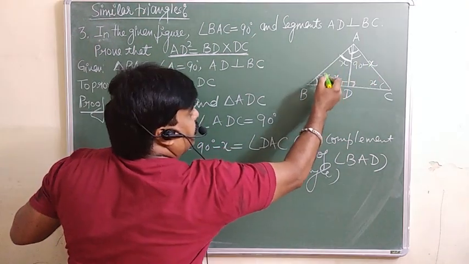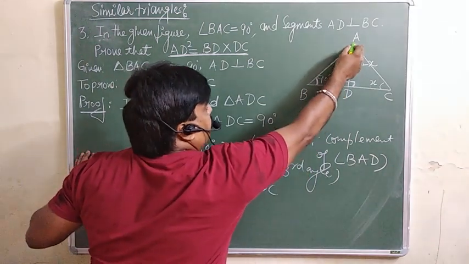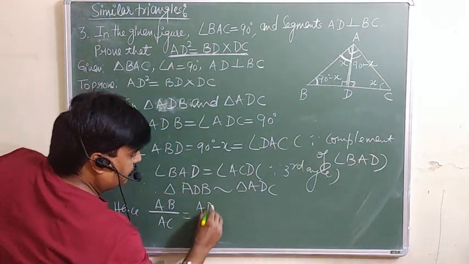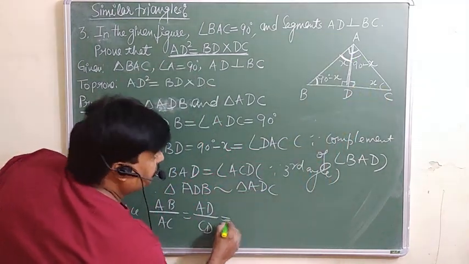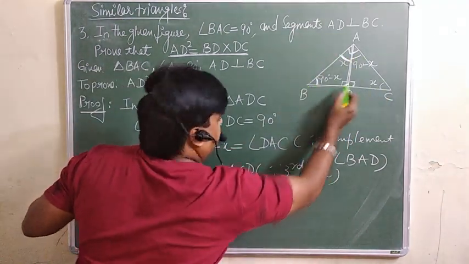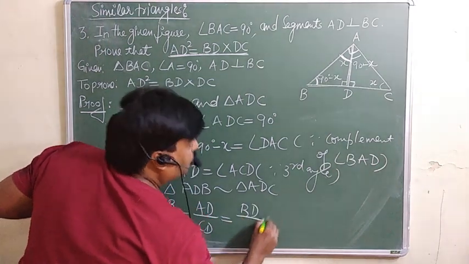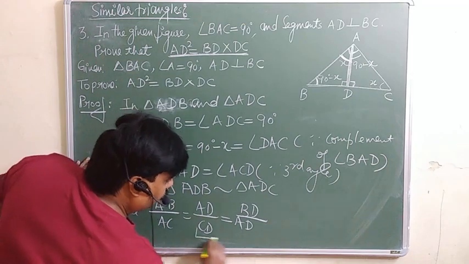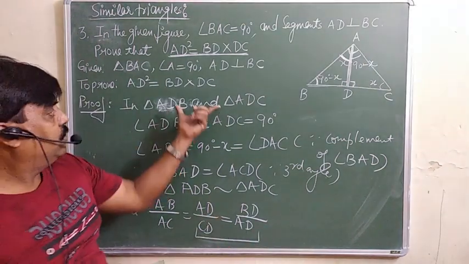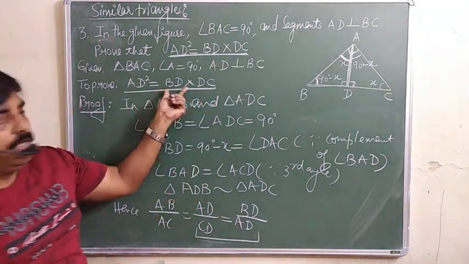Now from this triangle we are taking. So the 90 minus X angle opposite side is AD over this 90 minus X opposite side is CD, is equal to this X opposite side is BD over this X opposite side in this triangle is AD. From these two you are supposed to take this because you need this one. AD square is equal to BD into this one.